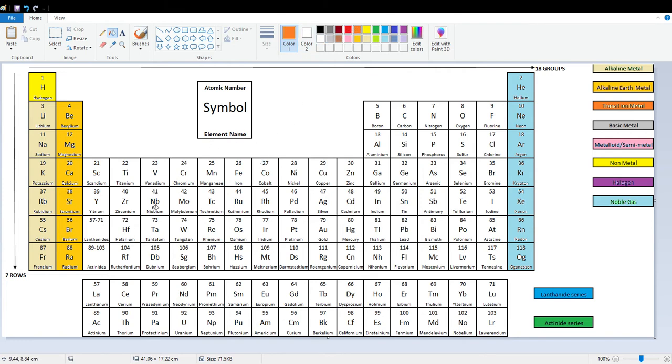Now, most of the elements which are located at the middle of the periodic table are classified as the transition metal elements. Some of the well-known elements in the transition metal elements are titanium, iron, copper, silver, tungsten, platinum, and gold.